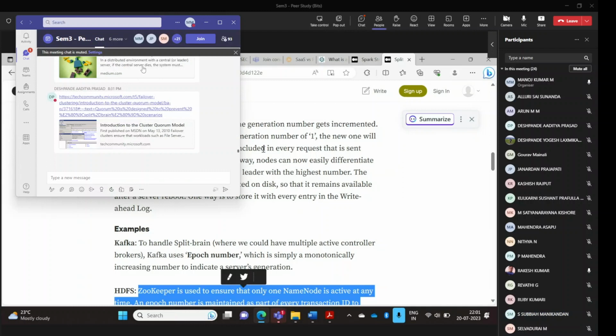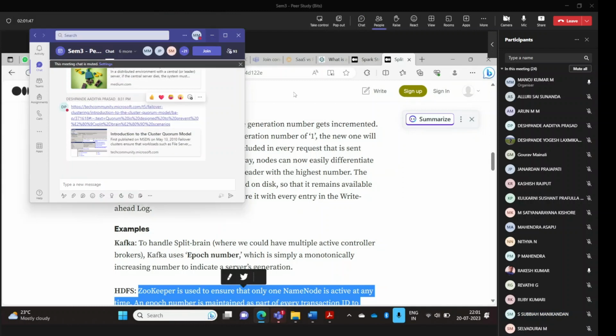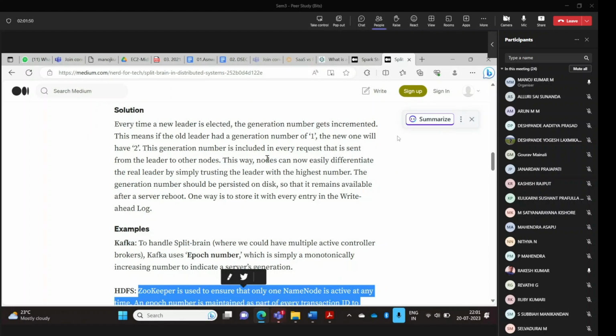This generation number is included in every request sent from the leader to other nodes. This way, nodes can easily differentiate the real leader by simply trusting the leader with the highest number.